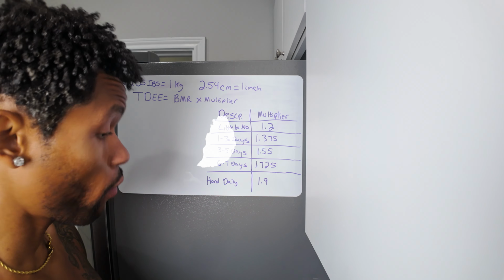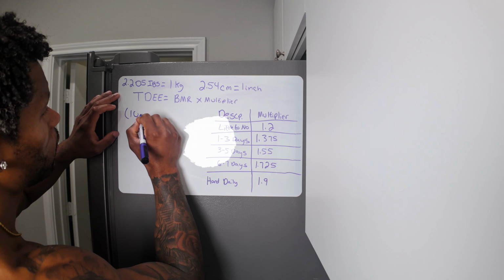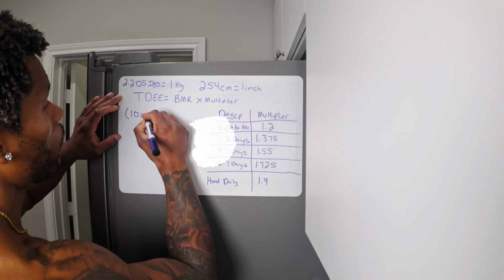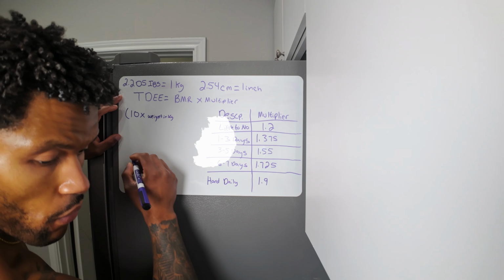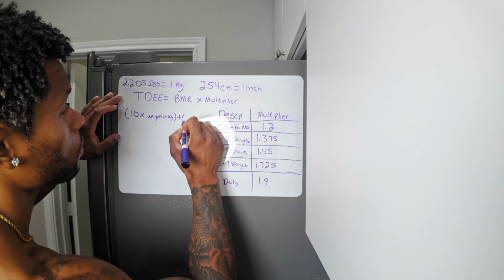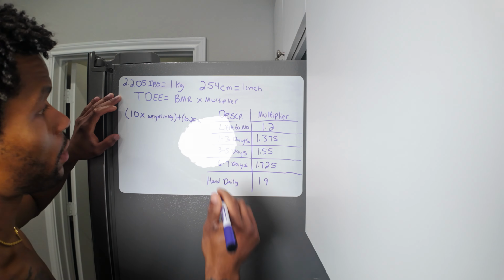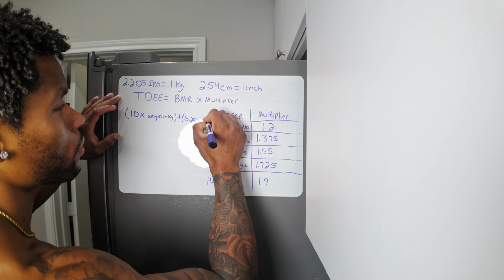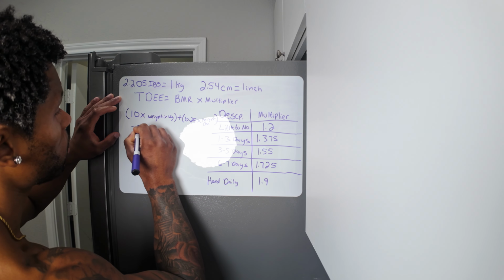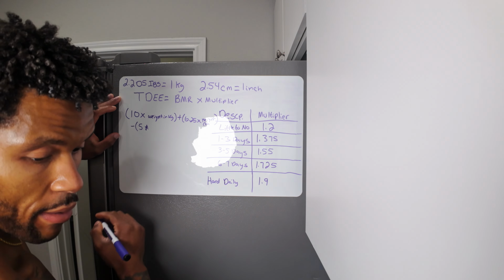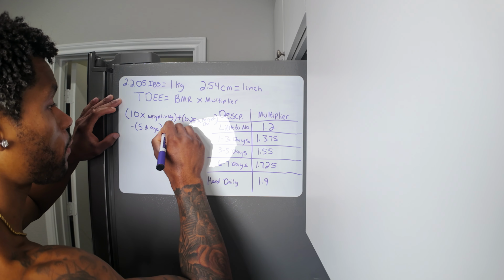So the formula for your BMR is going to be 10 times your weight in kilograms, plus 6.25 times your height in centimeters, minus 5 times your age, plus 5.